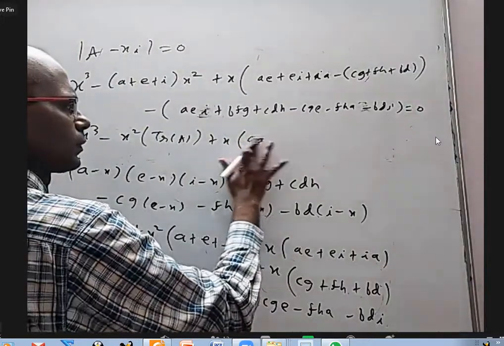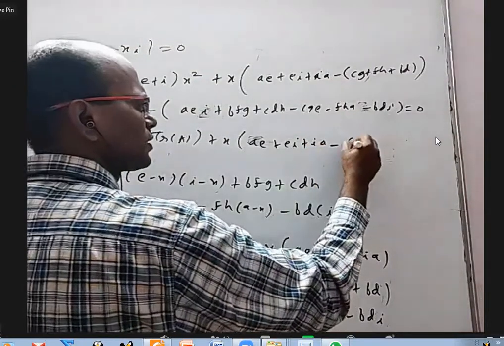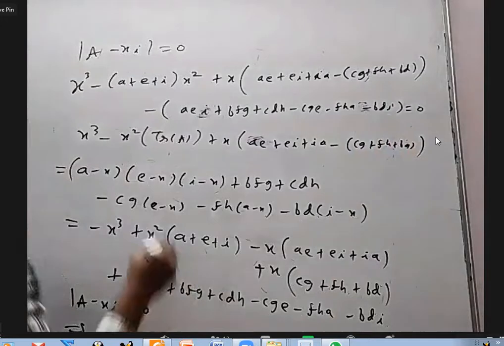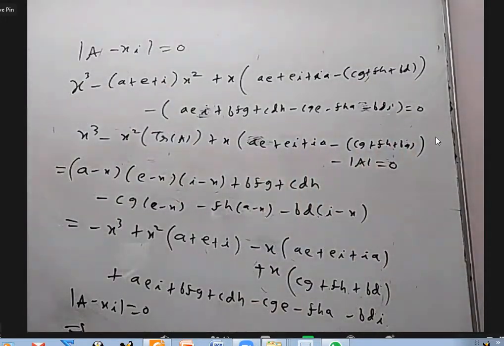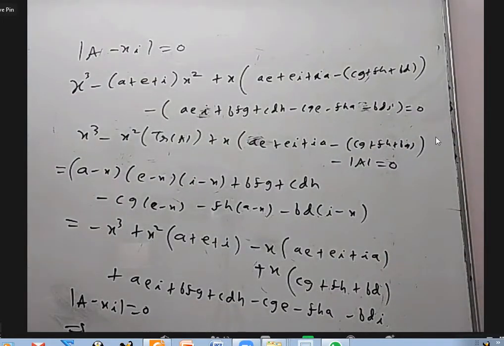So every 3 by 3 matrix will have a characteristic equation, that is det of A minus XI equal to 0. That is this equation.